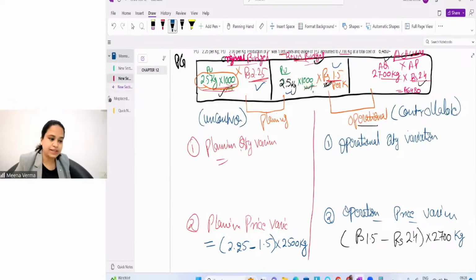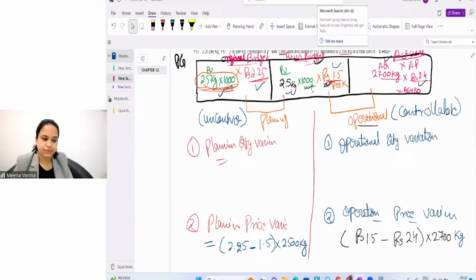Solve it and tell me what answer is coming here quickly. Do we have any other information in the question? Can you just check it?